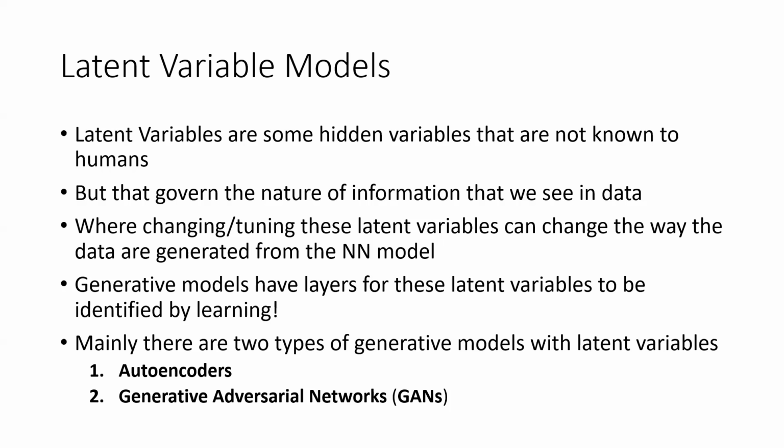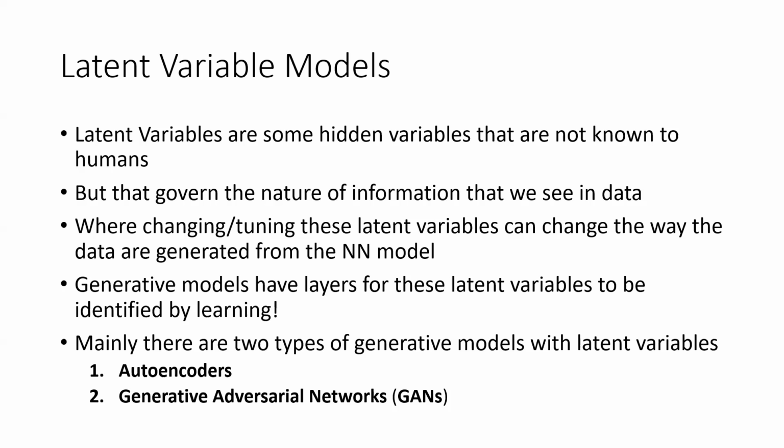The important thing about these generative models is that they can identify these latent variables. For example, some latent variables may be relevant to the position of the head, whether he's looking upwards, downwards, right or left.